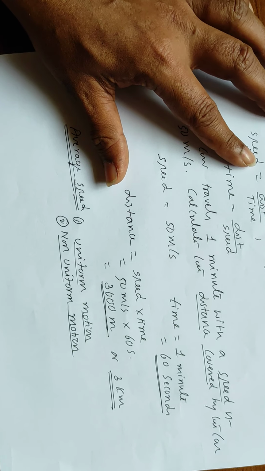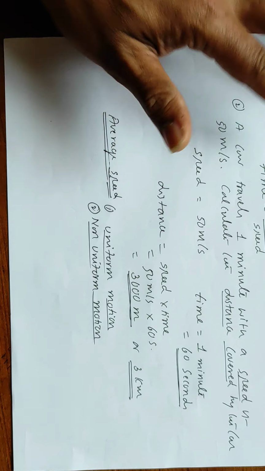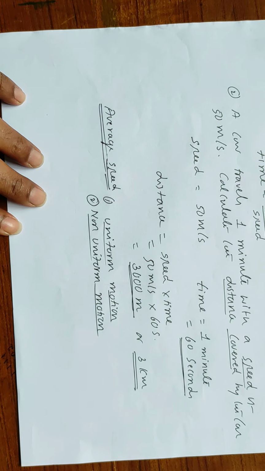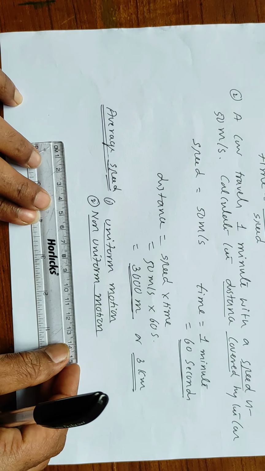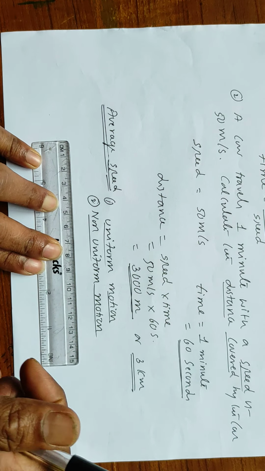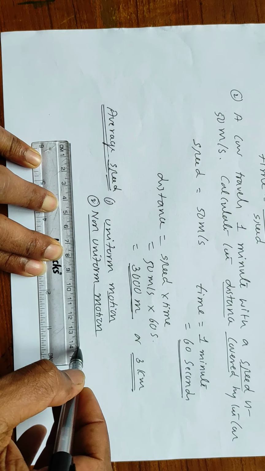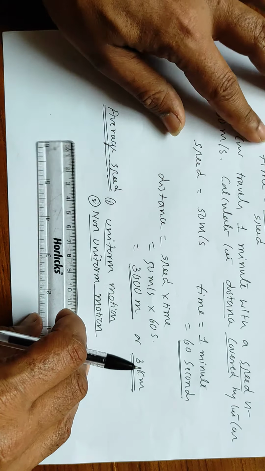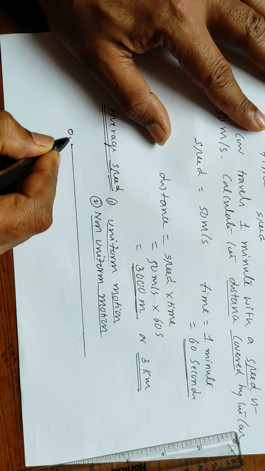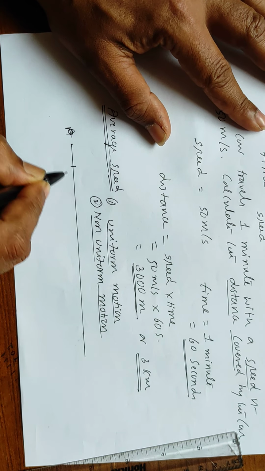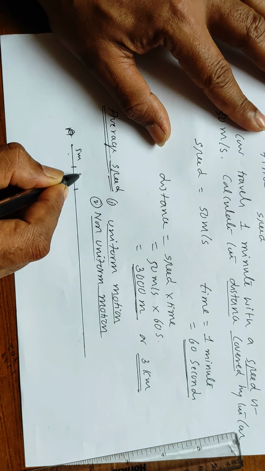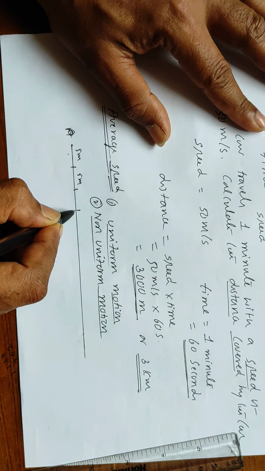What is uniform motion? If a body covers equal distances in equal intervals of time, then the object is said to be moving with uniform motion, or it is moving with uniform speed. See here, for example, it starts from A. Every second it covers 5 meters, 5 meters in 1 second, 5 meters in another second.